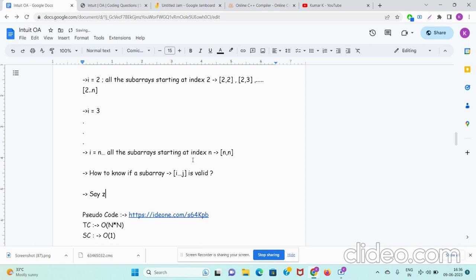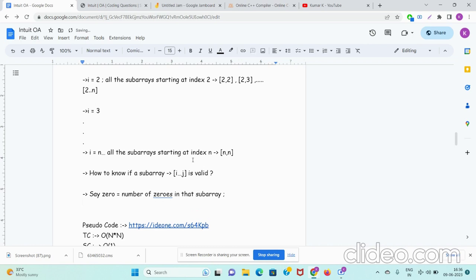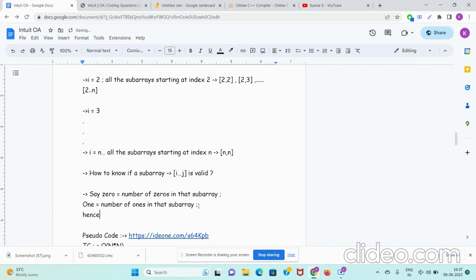Say z is equal to the number of zeros in that subarray, and o is equal to the number of ones in that subarray. Hence, if z by o is equal to x by y, you can do the cross multiplication.